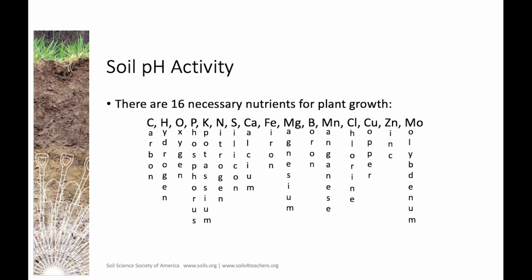There are 16 essential nutrients for plants, and they are: carbon, hydrogen, oxygen, phosphorus, potassium, nitrogen, silicon, calcium, iron, magnesium, boron, manganese, chloride, copper, zinc, and molybdenum.